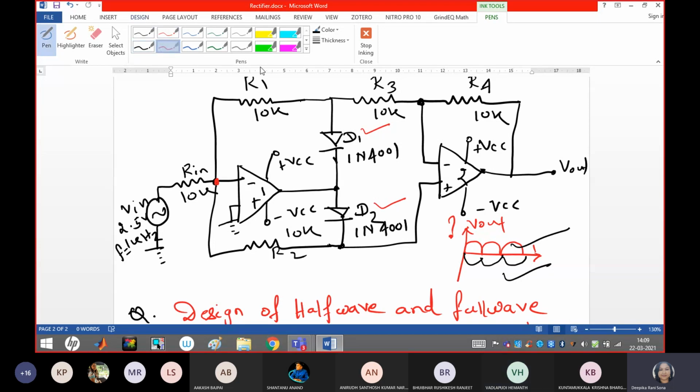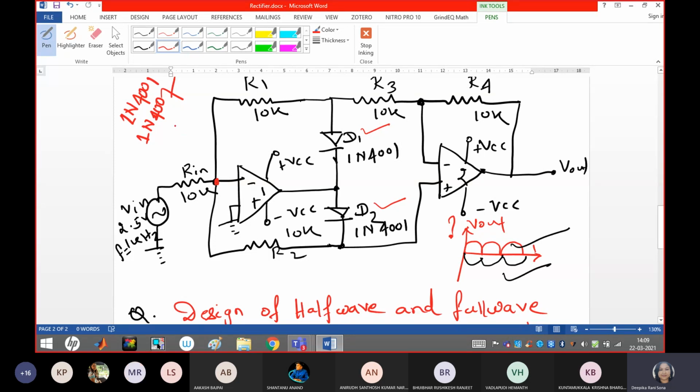But in most of the configurations, it is there. Most versions of OrCAD Lite have it. 1N4001, otherwise go for 1N4007. Whichever is available, you just go for that.